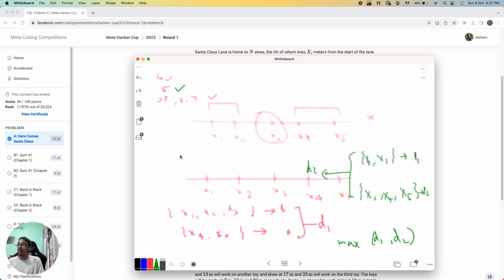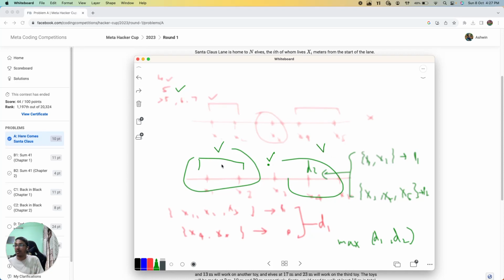For the rest of the cases, first two in the same group, last two in the same group, middle will work because the middle point will lie somewhere in here, and for the first two, it will lie definitely on the left of this middle point, and the rightmost point will lie definitely to the right of this point. So we just need to consider this in order to find the maximum distance traveled by Santa.